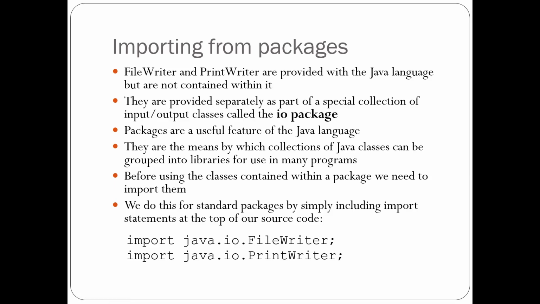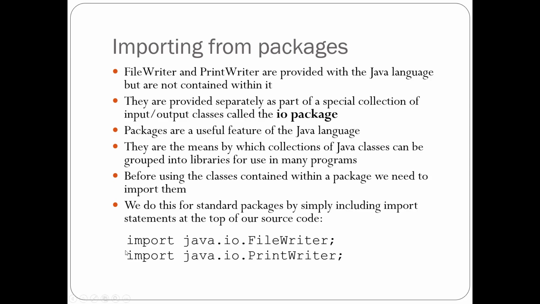And both of these classes you will need to import into your Java programs, and they're actually part of a separate package called I/O. And all we have to do to get the functionality into your Java program is to use two import statements. We're used to using import statements now because we've already used them in other functionality, for example using random numbers, and all we do is we use these two import statements at the top of our program.